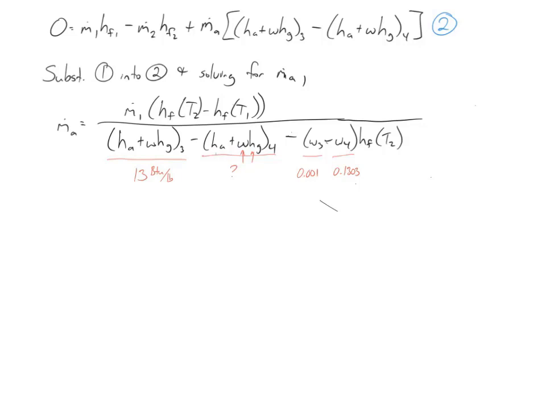And so we'll have to actually get the enthalpy of air, and we're going to get that from table A-2E. I'm going to keep this in red because I haven't actually found this value yet.